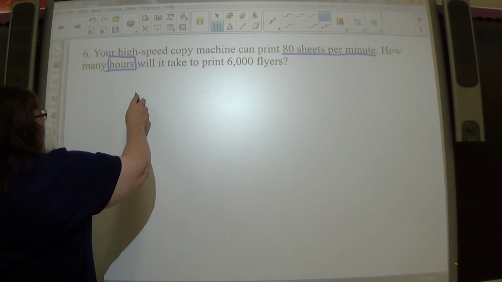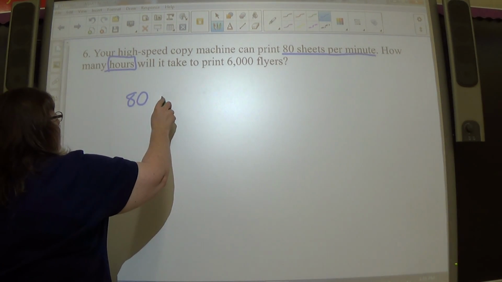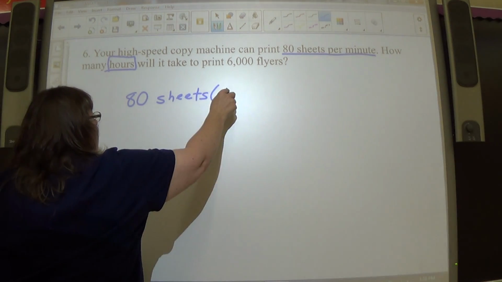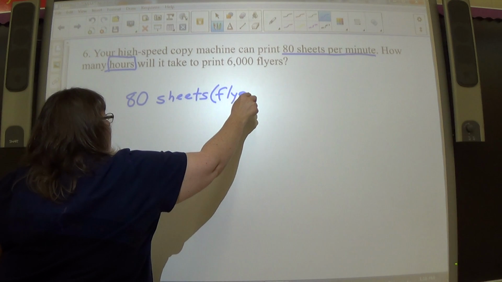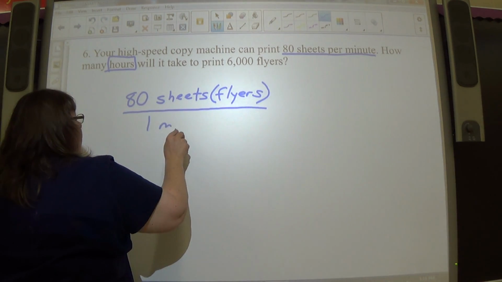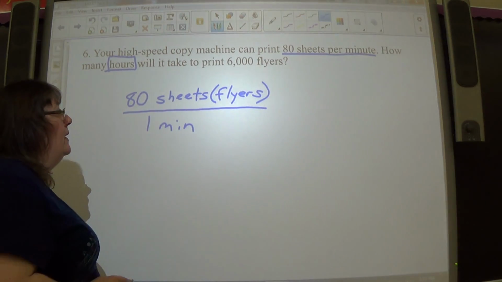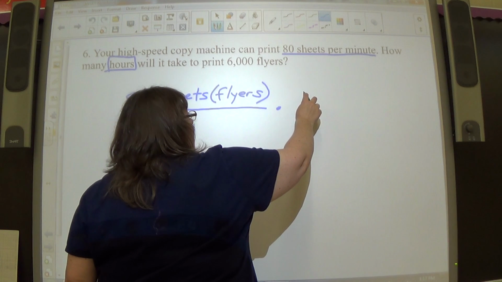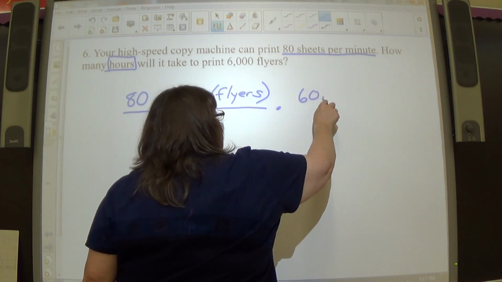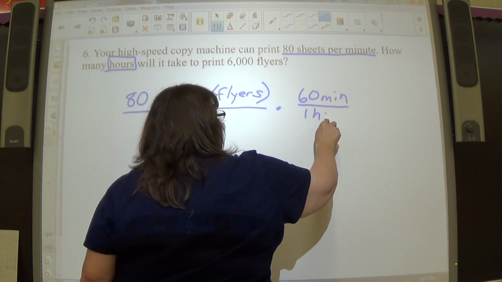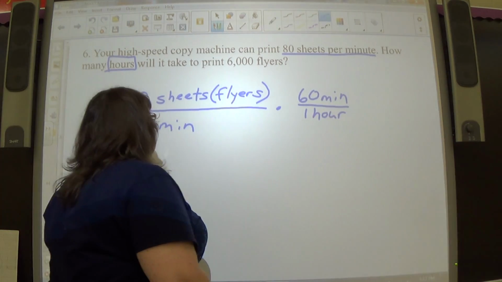So, if I'm looking at 80 sheets, and we could call it flyers, per 1 minute, okay? I need to get rid of my minutes, right? Well, there are 60 minutes per 1 hour, okay?